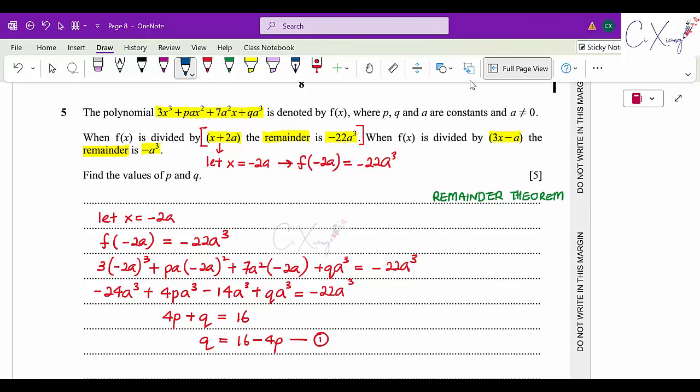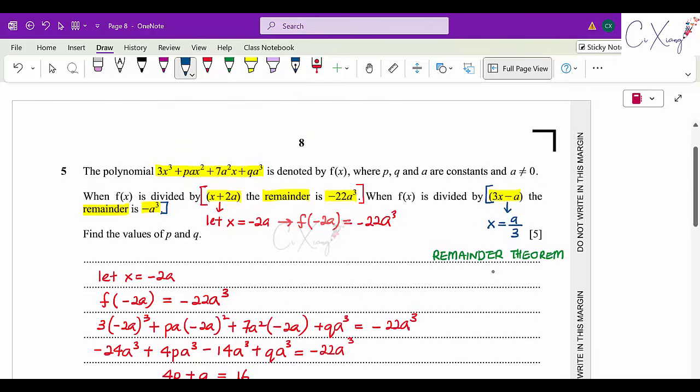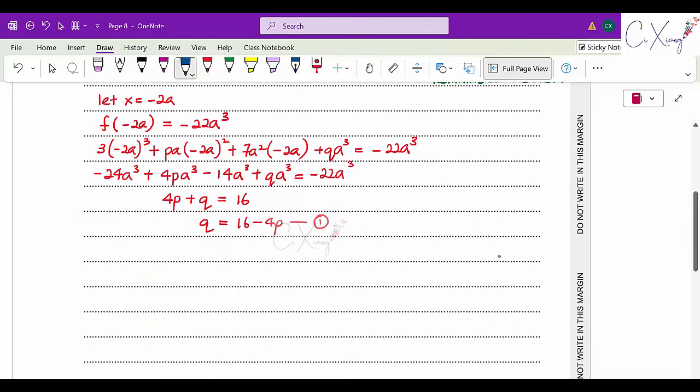The second equation, I will get it by using this one. They give us another piece of information: when f(x) is divided by 3x minus a, the remainder is negative a cubed. What should I let x be? So x equals a over 3. You assume that 3x minus a equals 0, so you get x equals a over 3. I'm using the same concept here.